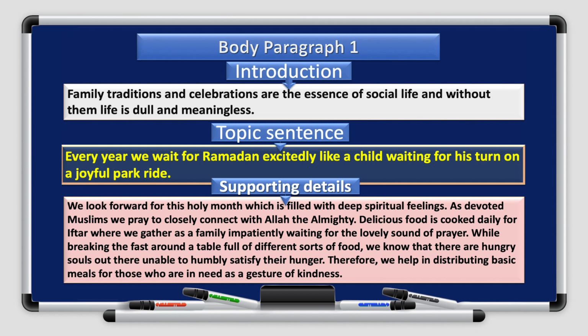While breaking the fast around a table full of different sorts of food, we know that there are hungry souls out there unable to humbly satisfy their hunger. Therefore, we help in distributing basic meals for those who are in need as a gesture of kindness. Do you see how detailed our supporting details are? And we've included lots of adjectives here to support our main point.